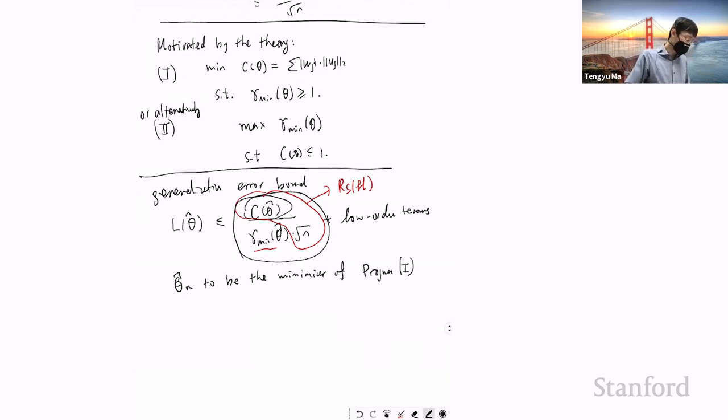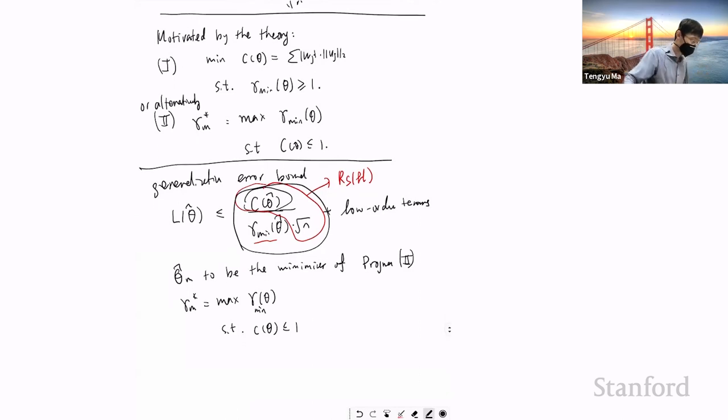So for every m you have a minimizer, and you can define gamma m star to be the corresponding margin, with the constraint that the norm of theta is less than m. So let's define this to be gamma m star. I think I want to define this to be 2. So let's mostly use 2 as our main thing. There is a little bit of a typo here.